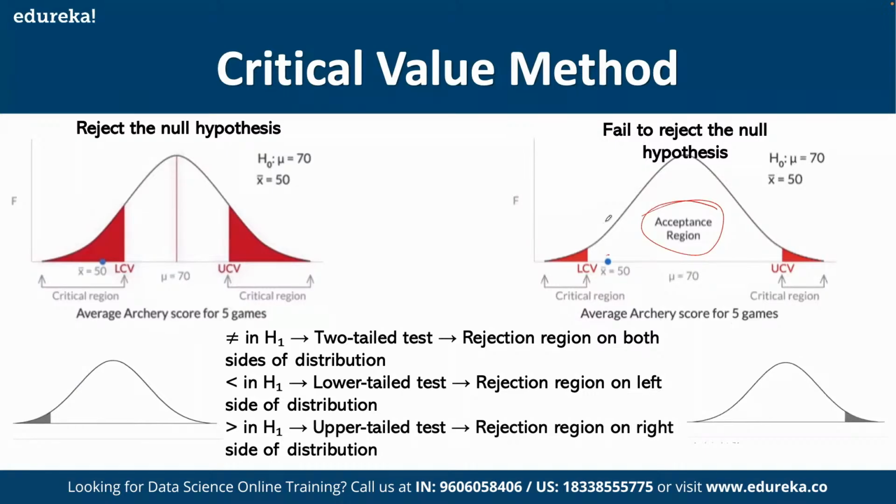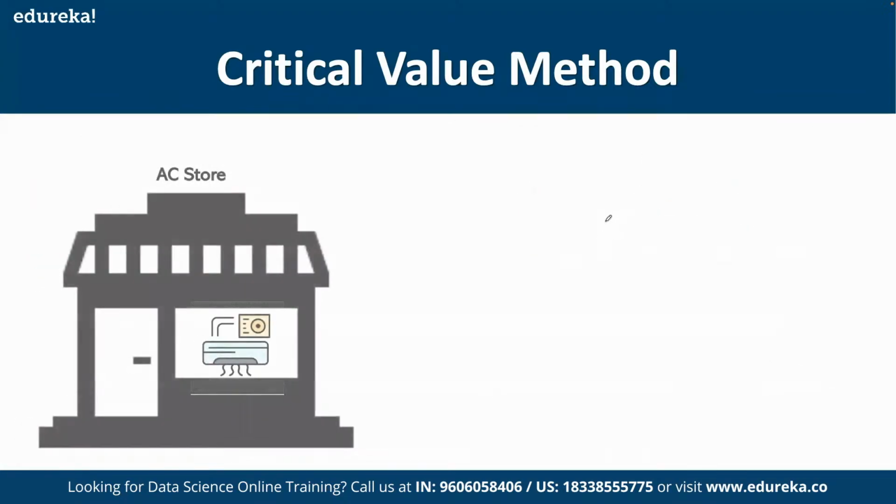Now, if you are working on a two-tail test, the rejection region is on both sides of the distribution. If I'm performing the lower tail test, the rejection region is on the left side of the distribution. And if I'm performing the upper tail test, the rejection region is on the right side of the distribution.